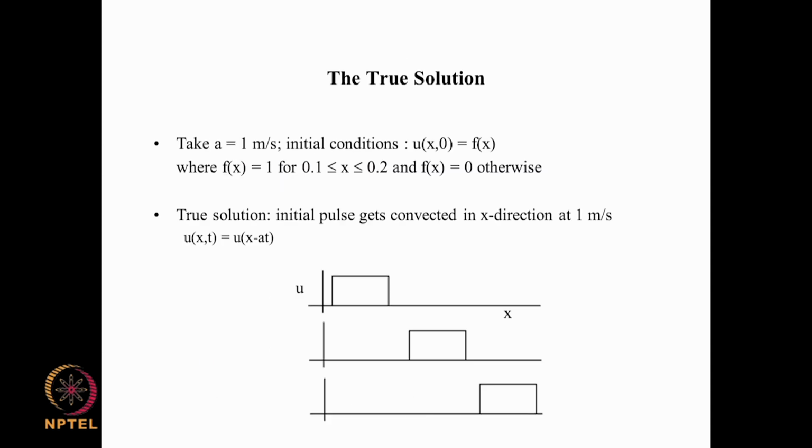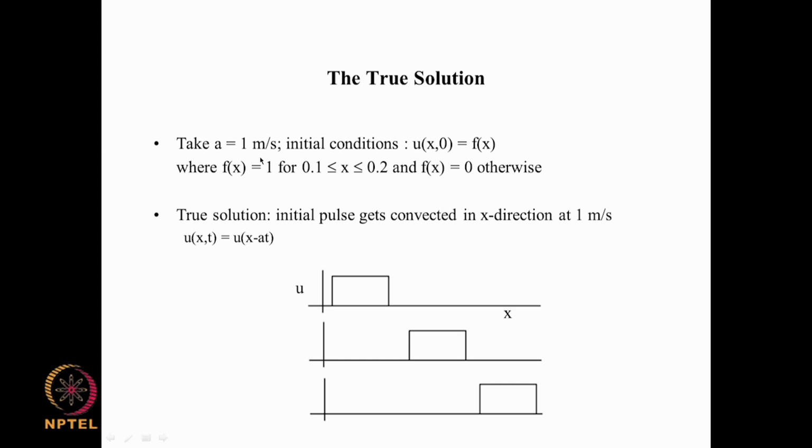For a given initial condition where f(x) equals 1 over an interval from x equal to 0.1 to 0.2 and 0 everywhere else, we are expecting this rectangular pulse to be carried forward in the x direction as time progresses at a speed of 1 meter per second.